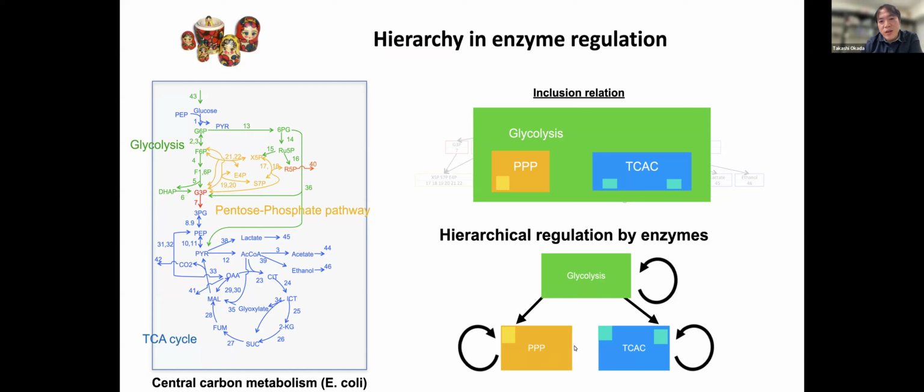So in this way, as long as the network information is correct, by examining buffering structures and examining how these buffering structures form the inclusion relationship, we can obtain qualitative understanding about how the system is regulated by enzymes.